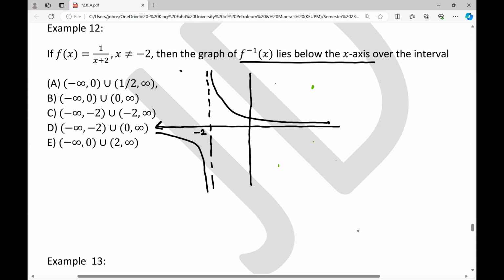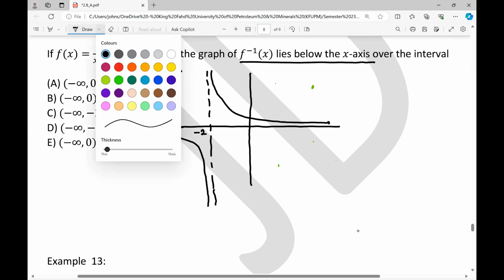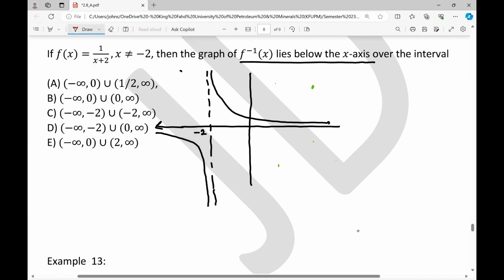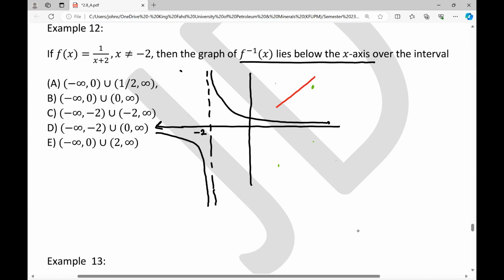So the graph of f has two parts. Now, if it has two parts, the inverse is also expected to have two parts. But let's see, this is our line, the line y is equal to x.